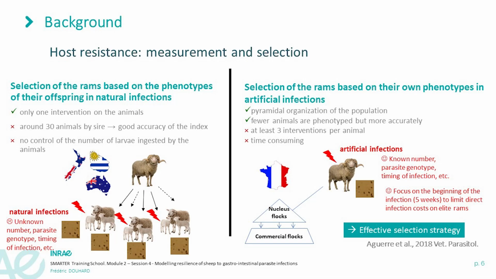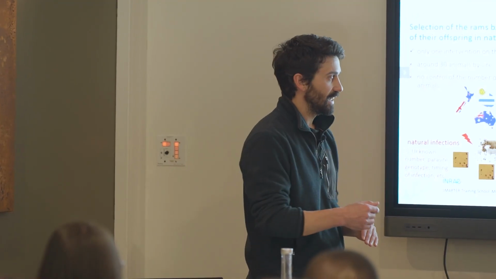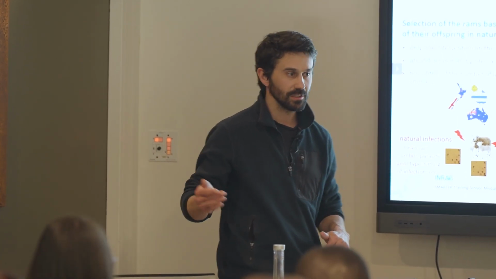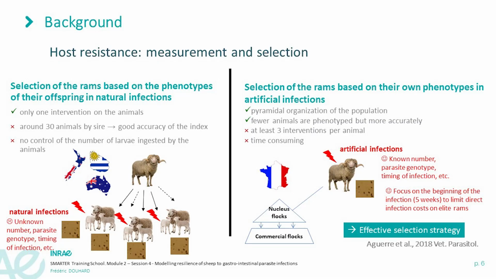It's an infection, and we are working with elite rams. So it's not very recommended to heavily infect your elite rams because they won't produce and they risk to die. So we focus on the beginning of the infection, and after 5 weeks, we treat the animals so that the infection is not too heavy and has no big effect on the rams.